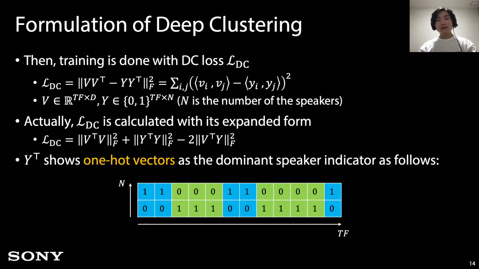Actually, L_DC is calculated with its expanded form for faster computation. What is important here is that the transpose of matrix Y shows one-hot vectors as the dominant speaker indicator as follows.